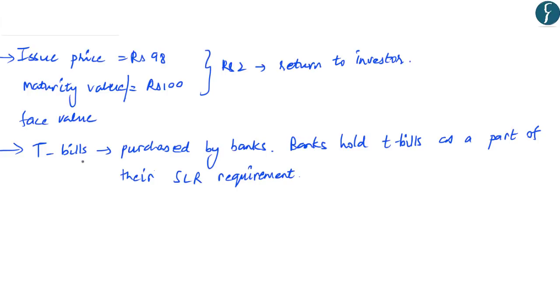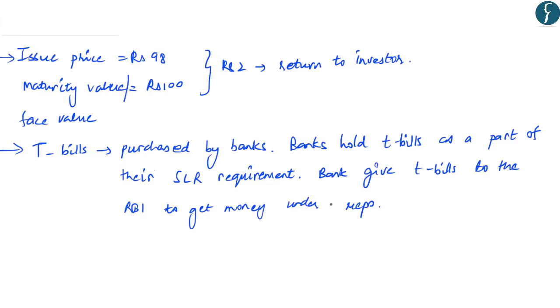So for this purpose, banks purchase T-bills in order to meet their SLR requirements. And also, then banks give these T-bills to the RBI in return for money under the repo rate operations. So banks give T-bills to the RBI to get money under repo.